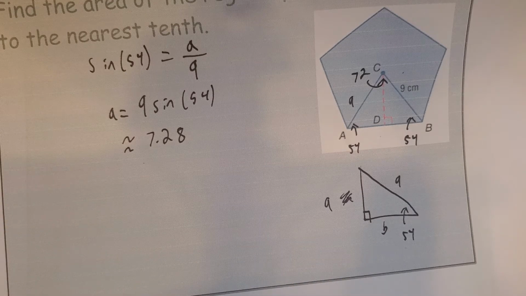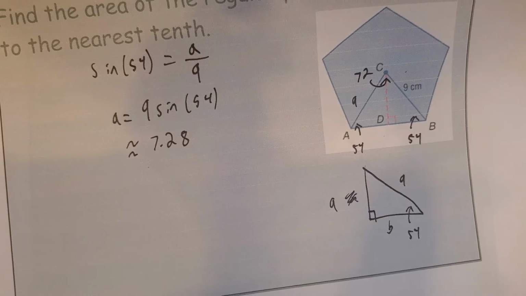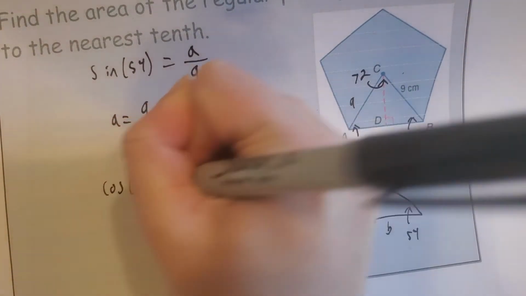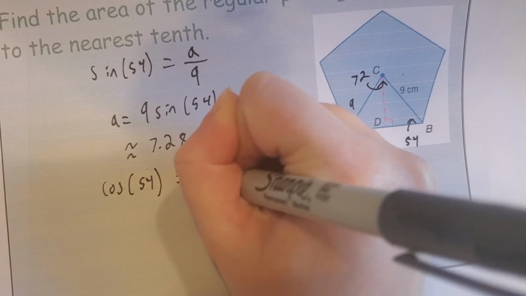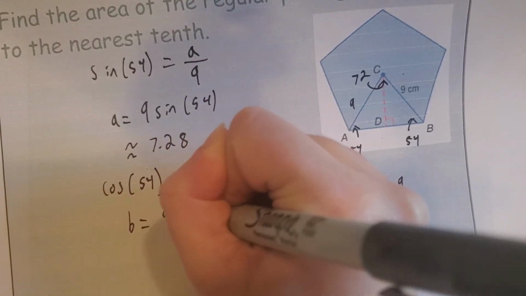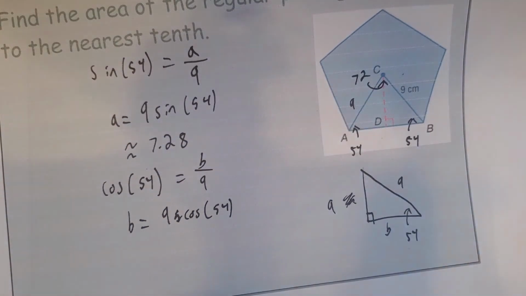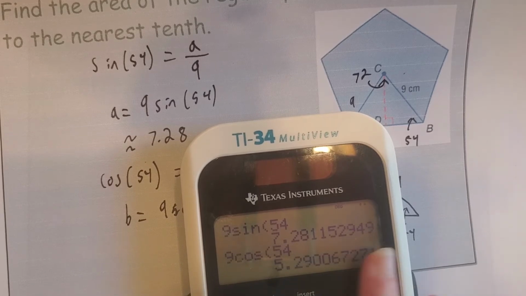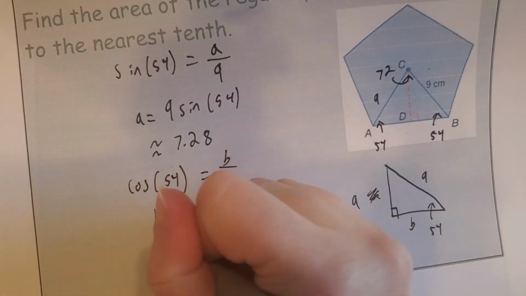Because if this 7.28 is wrong or just a little bit off, it's going to mess everything up. So adjacent and hypotenuse is cosine this time. So the cosine of 54 is B over 9. So this is 9 times the cosine of 54, which is about 5.29.